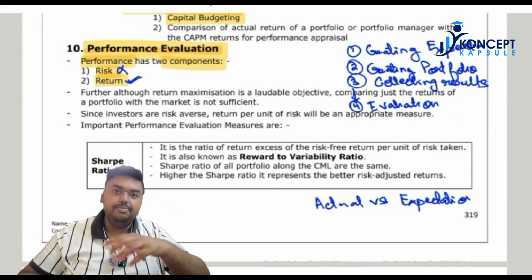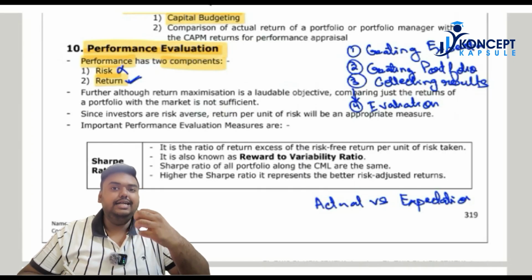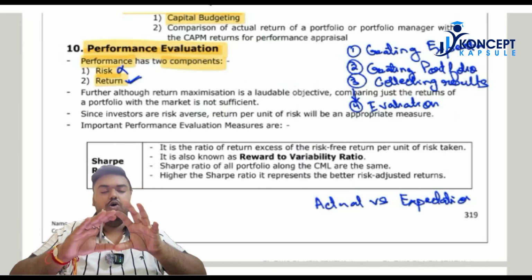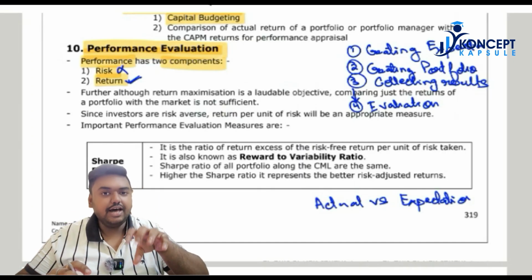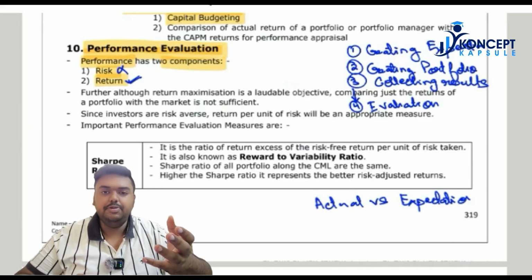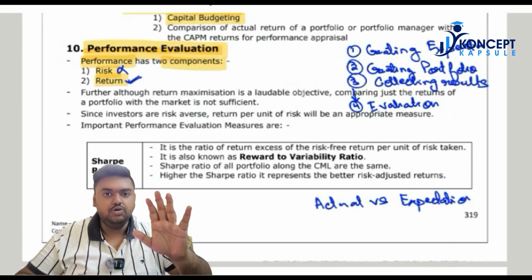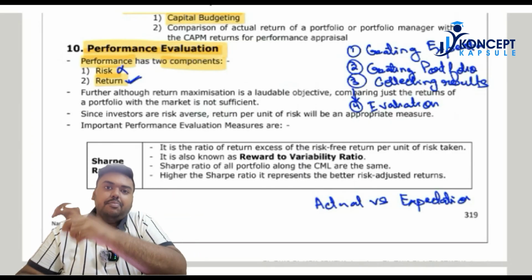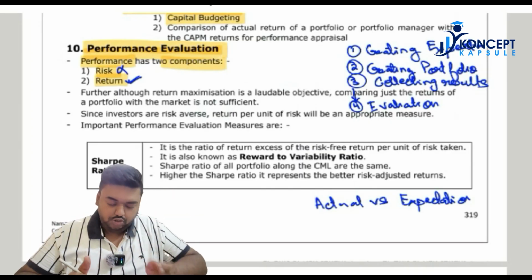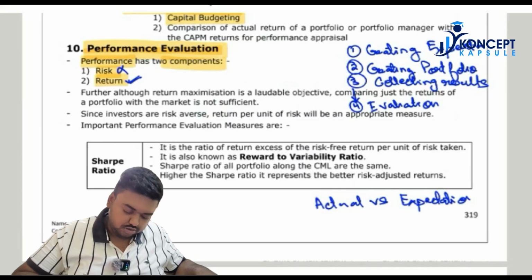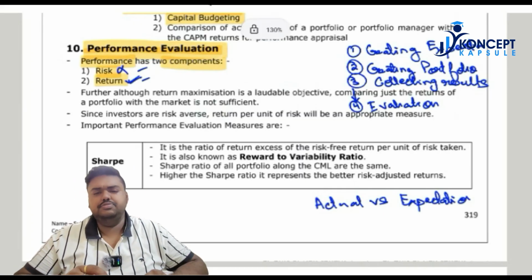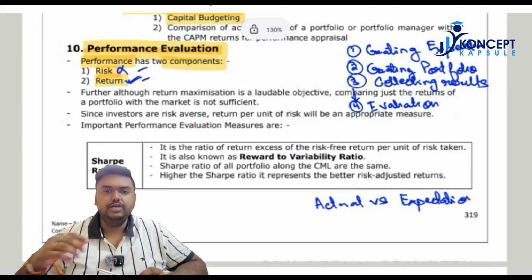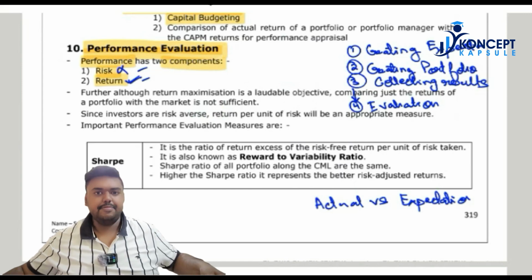Okay, but if you look at the entire concept in a very holistic manner, without taking appropriate risk, you won't be able to achieve appropriate return, guys. Yes or no? So when you are considering performance, don't you think risk and return are both important measures?